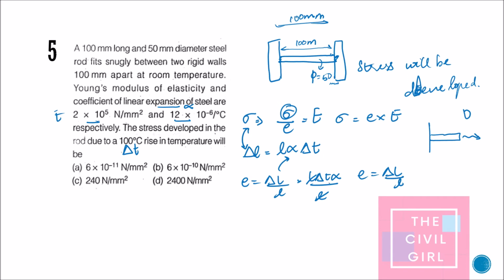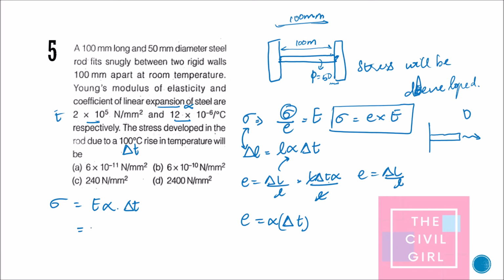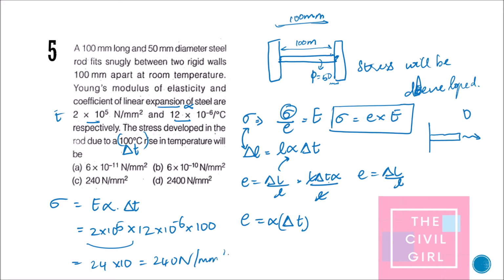Therefore, strain is equal to alpha into delta T, that is change in temperature. I know the stress formula is strain into modulus of elasticity. So my stress is equal to E into alpha into delta T. If I substitute the value for E, it is 2 into 10 power 5, giving 240 Newton per mm square. So my answer is option C. Going to the next question. I want you guys to remember this formula.